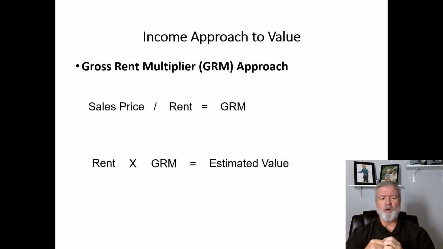So it's important to use the right approach to value, depending on the type of property and what it's being used for, right? Because, listen, if you were selling your house, if you just did the sales comparison approach, and it's an income producing property, there's a tenant currently in the property paying rent.